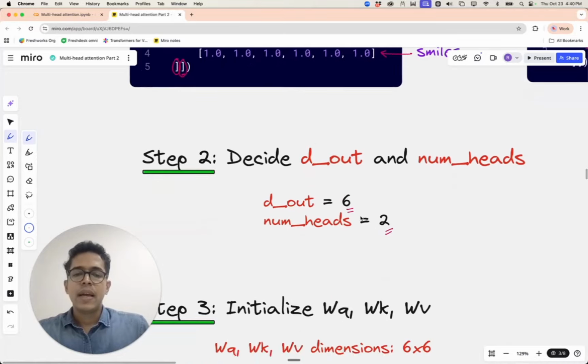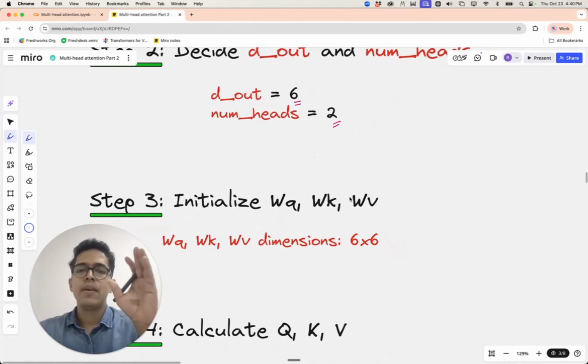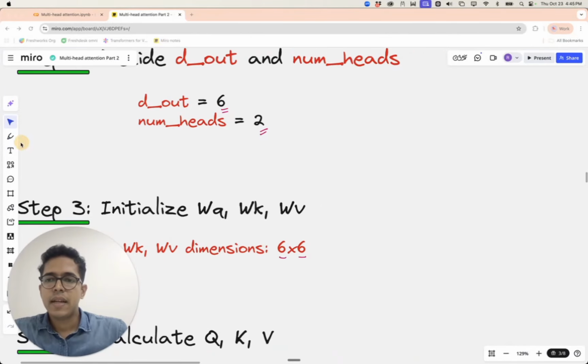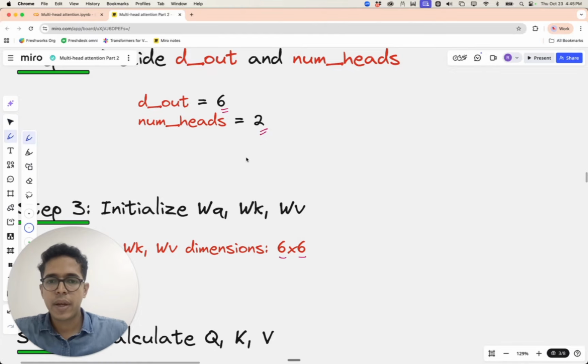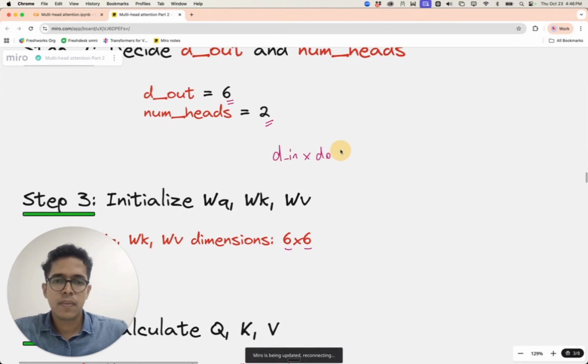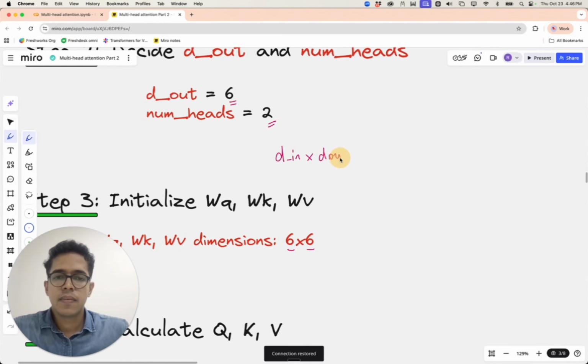Next, we have to initialize WQ, WK, and WV. Let's see what should be the dimensions of each of these. The dimensionality of WQ, WK, and WV is D in by D out, where D in is equal to 6 and D out is equal to 6.